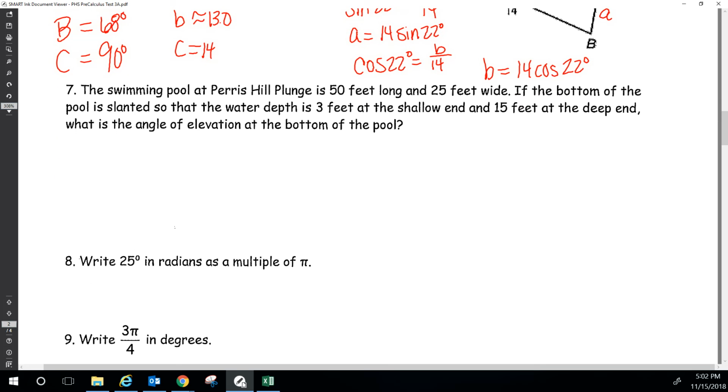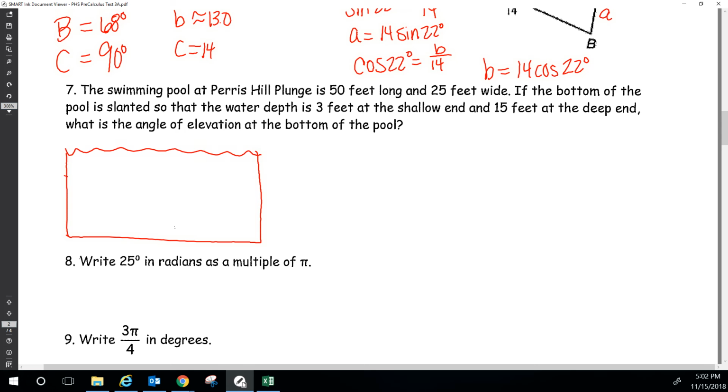So number 7 says the swimming pool at Paris Hill Plunge is 50 feet long and 25 feet wide. If the bottom of the pool is slanted so that the water depth is 3 feet at the shallow end and 15 feet at the deep end, what is the angle of elevation at the bottom of the pool? So here we go. I've got a pool. This is going to be my water level.